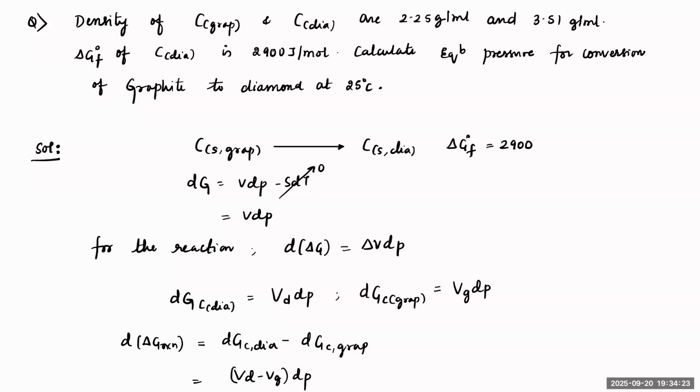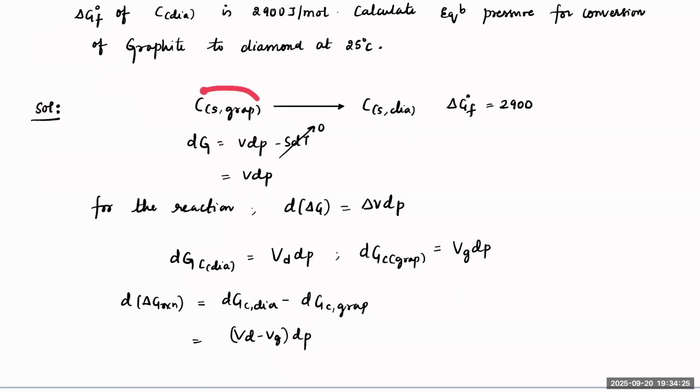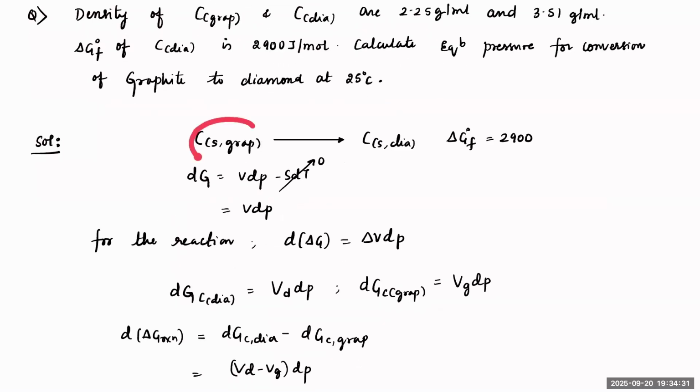So how do we do this? We are trying to convert graphite into diamond. You know that graphite is the standard elemental form of carbon. So any formation values will be zero.